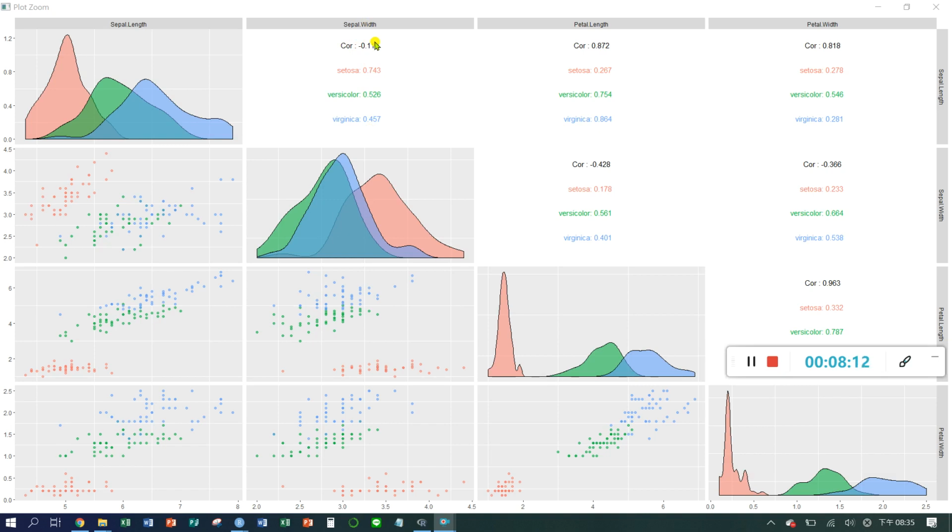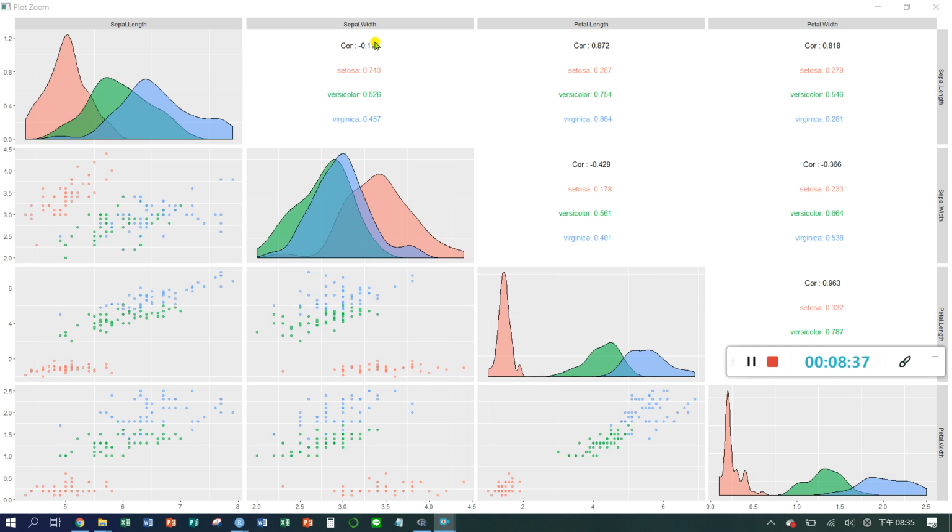Positive correlation is when A becomes bigger and the variable B also becomes bigger. In Chinese we call it 正相关. What about negative correlation?